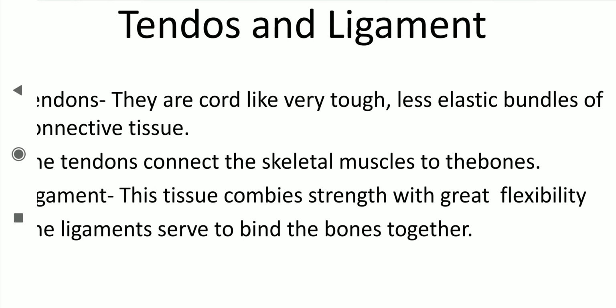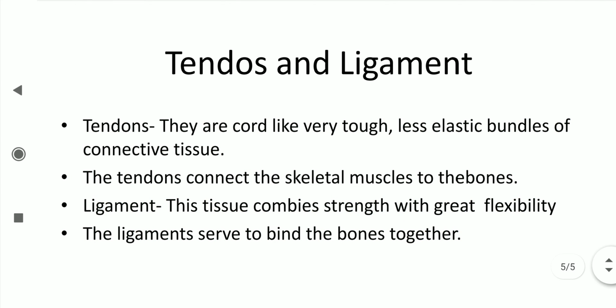Now next is ligament. Ligaments are also cords, but unlike tendons, which are formed by white collagen fibers, they are formed by yellow elastic tissue. So elastic tissue is there, which means flexibility is there, and many collagen fibers are bound together.